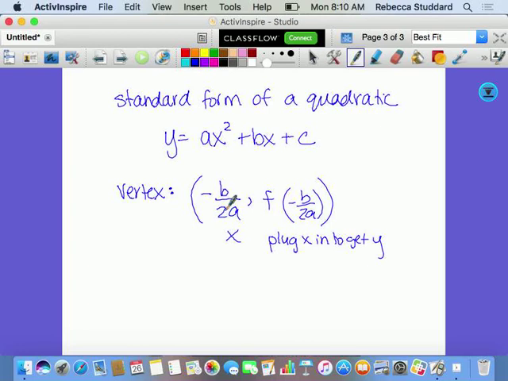So seeing this, the axis of symmetry, remember, is a vertical line that goes down through the vertex. So it's still going to be x equals, and can you guess what it's going to be? The x coordinate of the vertex, opposite of b over 2a.